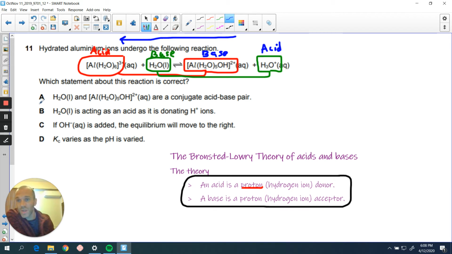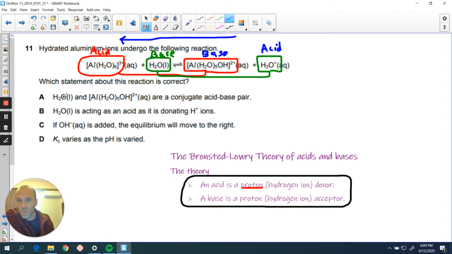So for the acid going in, it's going to be paired up with the base coming out. So for statement A, it says H2O and this species here, which is the one coming out, are a conjugate acid-base pair. Well, that's incorrect, okay? The acid-base pair would be this and this, and this and this.